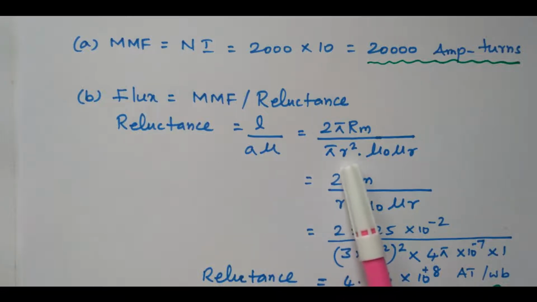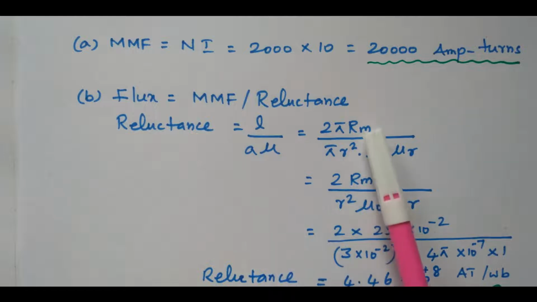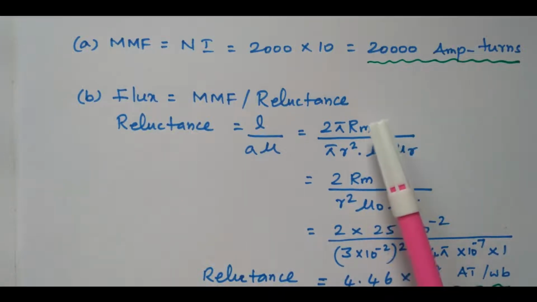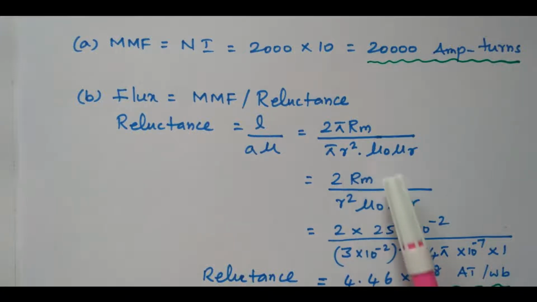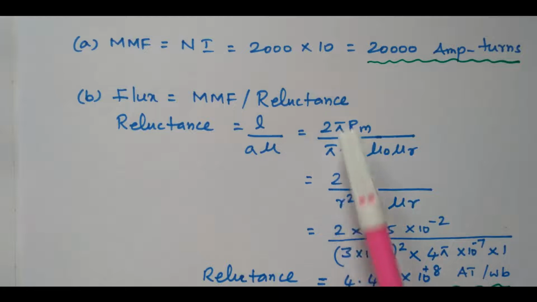The r value is not directly given, but the diameter is given, and from that we can calculate r. So this Rm refers to the mean radius of the core, and this small r refers to the radius of the coil. Then mu naught, mu r. So this pi value got cancelled, so that it is 2 Rm divided by r square mu naught into mu r.